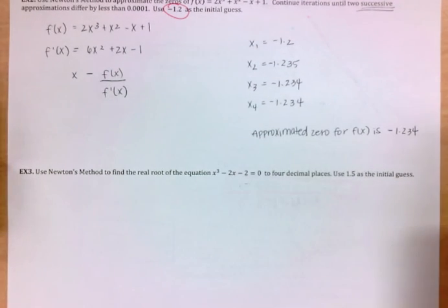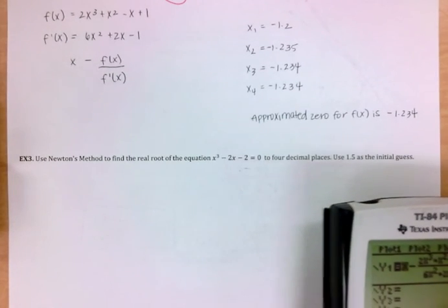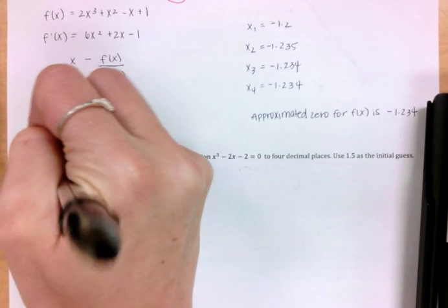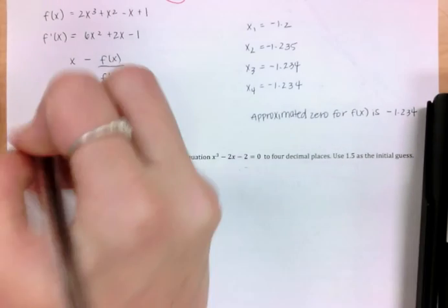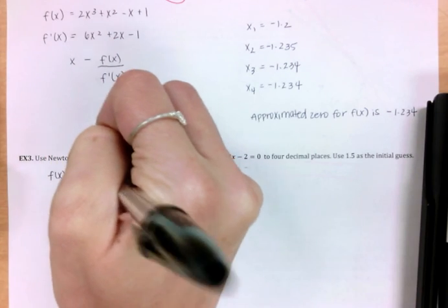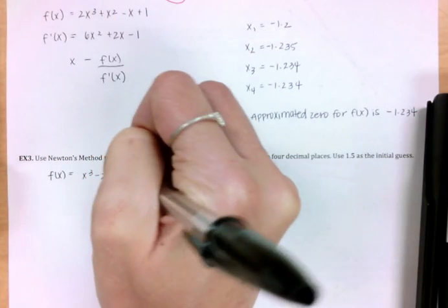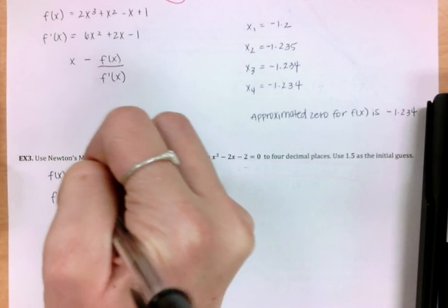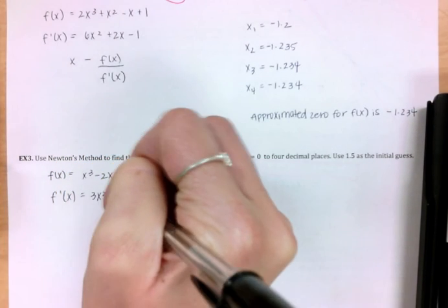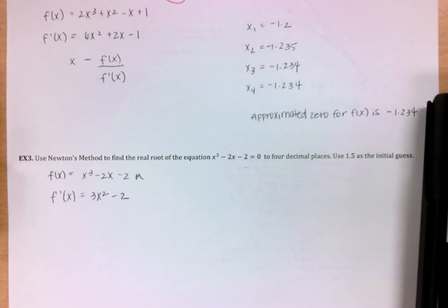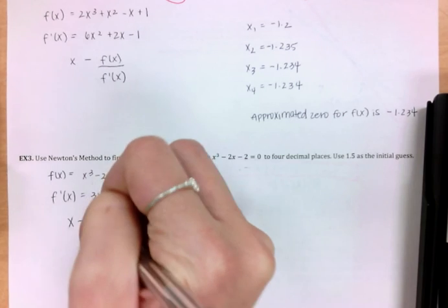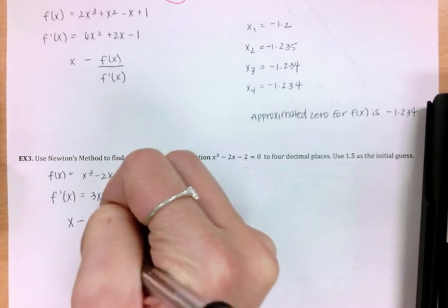Okay, so hopefully you paused this so you can have tried it on your own. So what you should have done is that you had your f of x is this cubic, so x cubed minus 2x minus 2, okay? And then my derivative is 3x squared minus 2. Okay, so then in my y equals, I know I have x minus my function value over my derivative value.